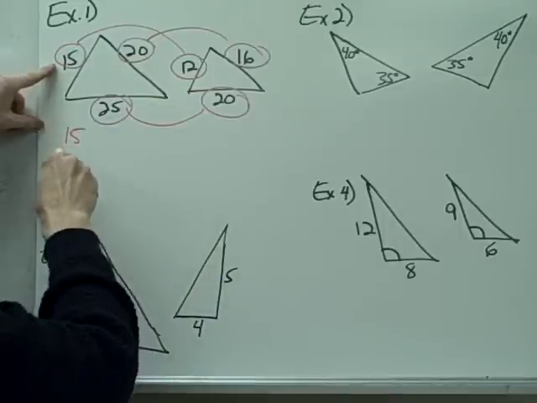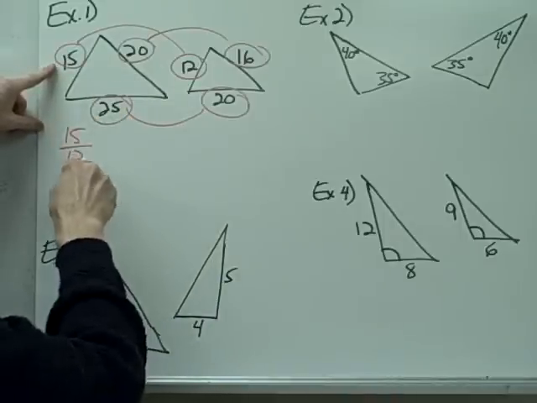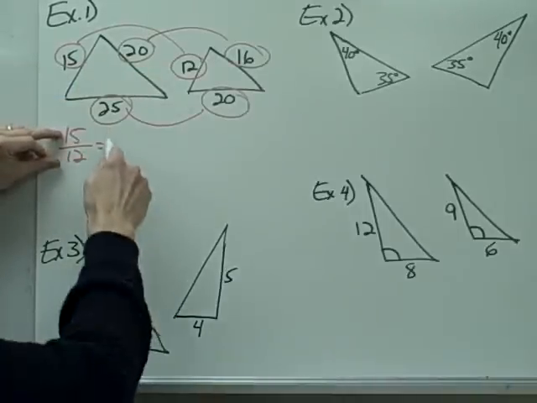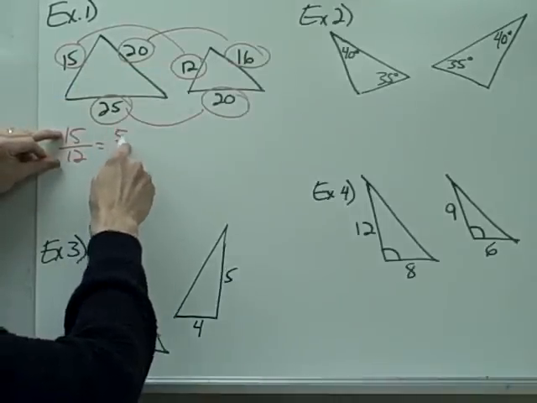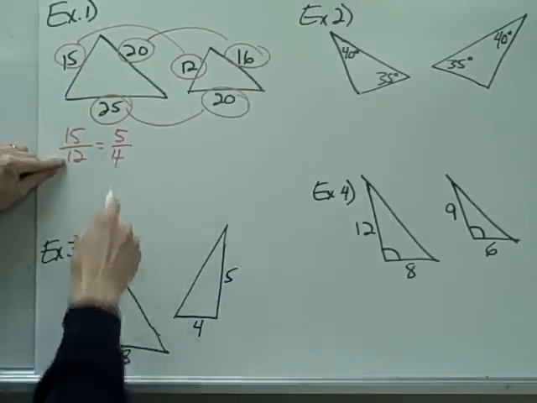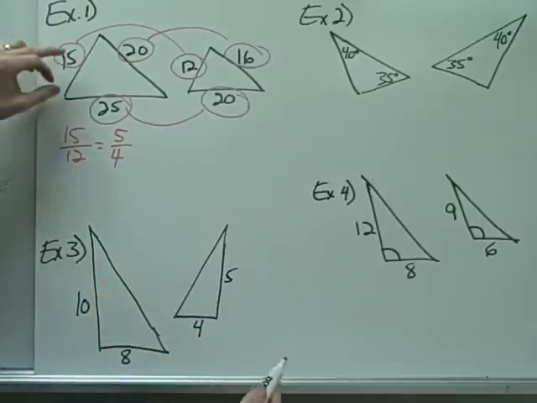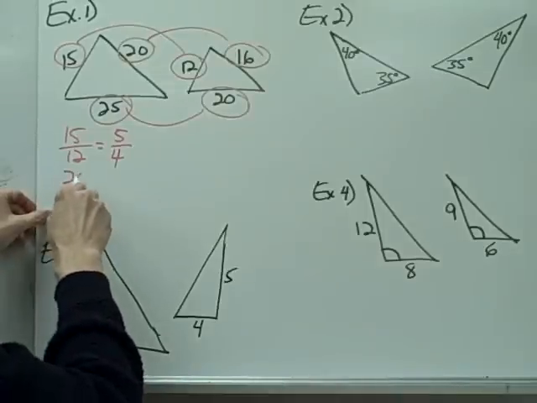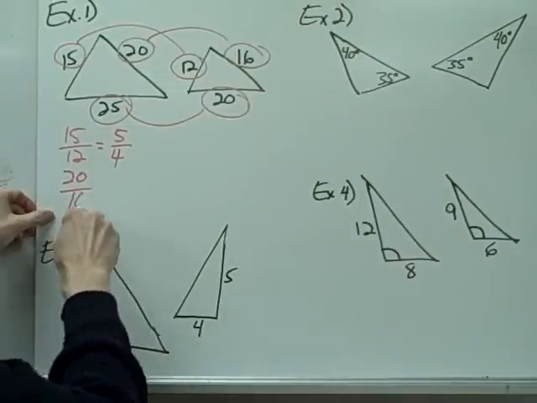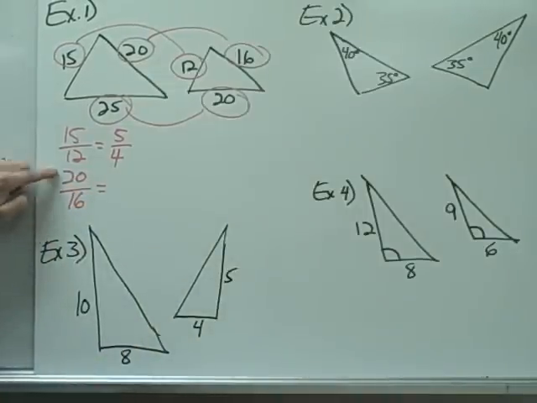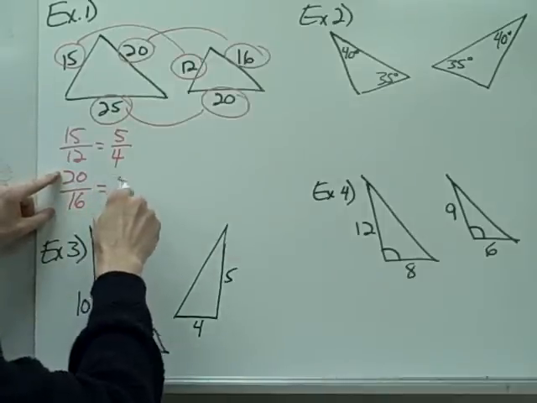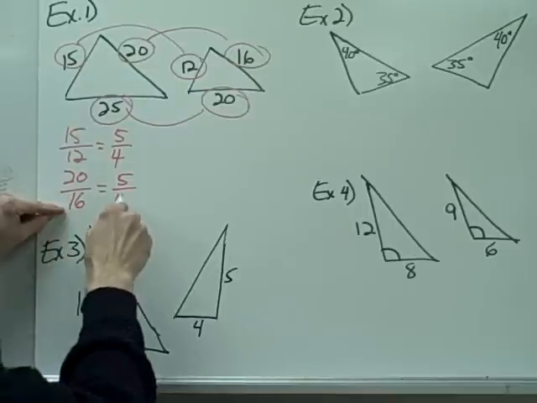15 over 12. If I divide top and bottom by 3, that gives me 5 over 4. And 20 and 16, those are corresponding sides. 20 over 16, and if I divide top and bottom by 4, then I get 5 over 4.